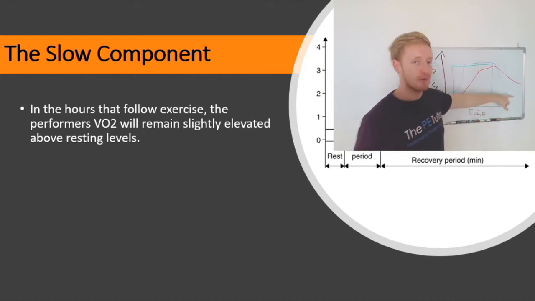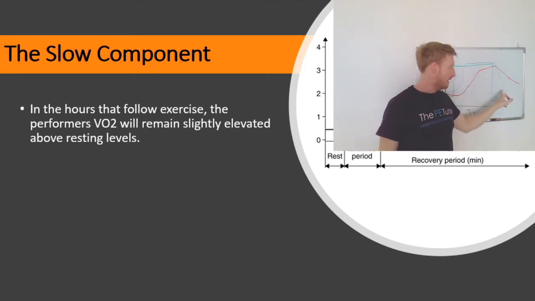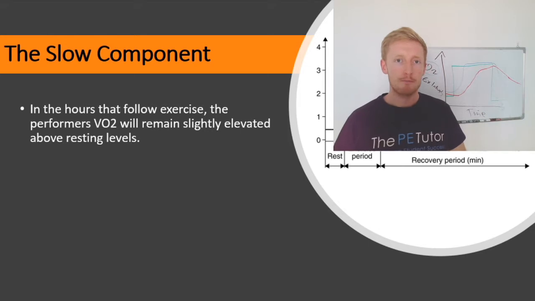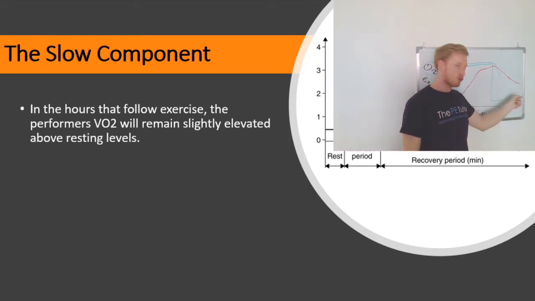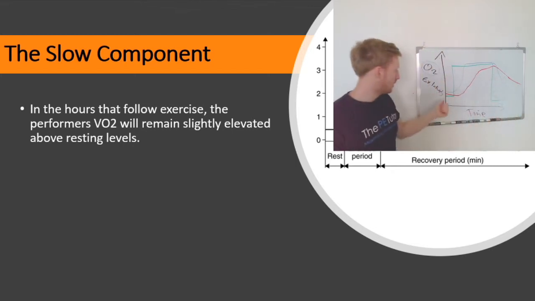You're not like that for 12 hours. You're like that for a minute or so, and then it decreases, and then you go back to normal. But if you were to measure it, this resting volume is going to be slightly higher than what you were prior to exercise to start with.